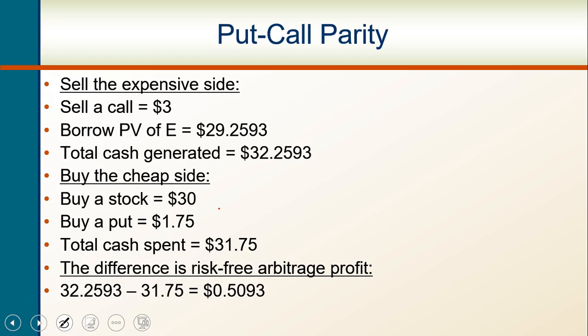So when we set up that strategy and looked at the payoffs, we found that the payoffs were equal to the previous strategy, which led us to believe that if the payoffs for both strategies turn out to be equal, they must also have the same cost at the beginning, at the time of setting up these strategies. So that led us into the put call parity condition, which said S plus P is equal to C plus the present value of the exercise price.